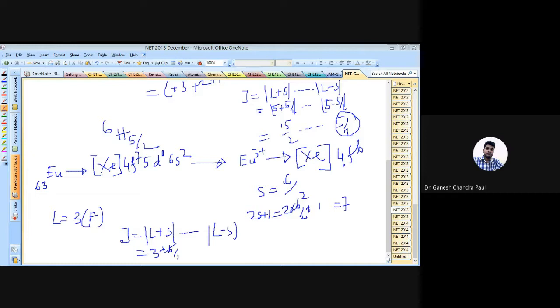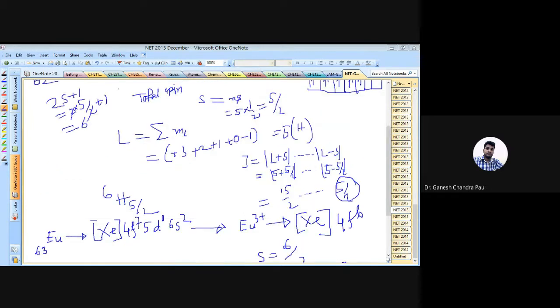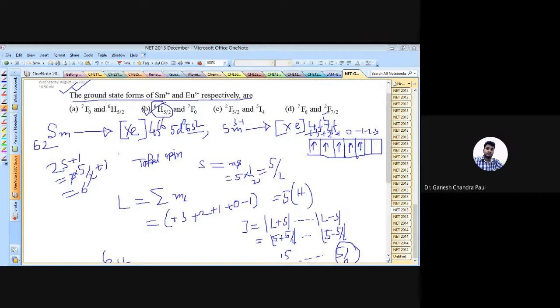So put the values here: 3 minus 6 by 2. You have to consider the lowest one because it is less than half filled, and the lower one is 0. So the ground state term of the europium 3+ ion is septet F0. So option B is the correct answer.